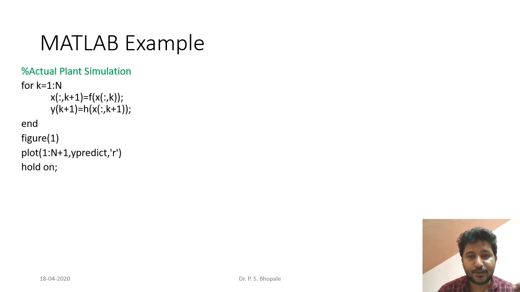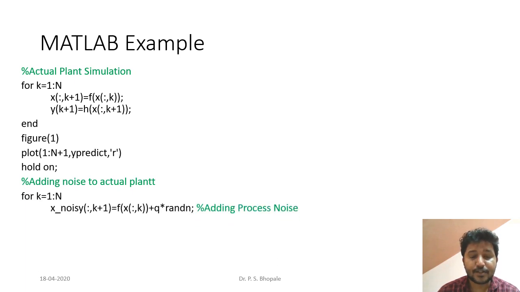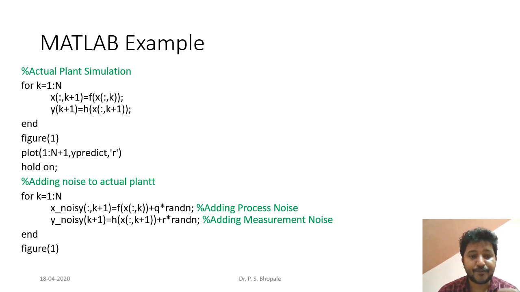When we plot this result we will get a damped sine wave. Then we will add some noise in these states. We start with some initial condition and add some process noise using q times the randn command of MATLAB, and again measurement noise will be added as per the initial conditions. Then we will plot this noisy signal over the actual one.